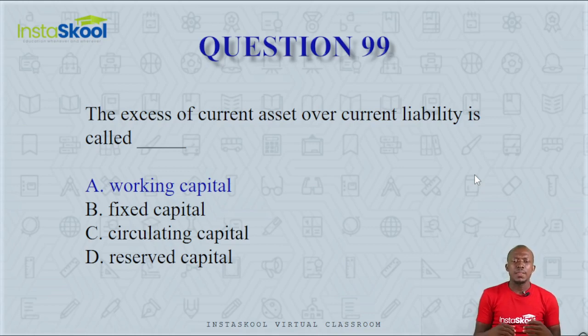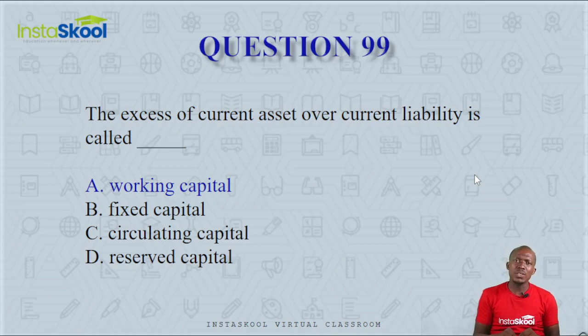And the answer to this is option A. Reserved capital is that aspect of capital that has been kept for reinvestment. Circulating capital is the capital that is used in the day-to-day running of the business. Fixed capital is the capital that has a lifespan of more than one year.